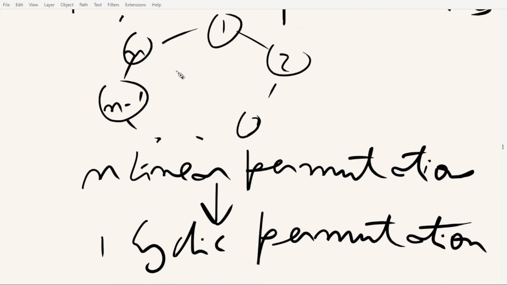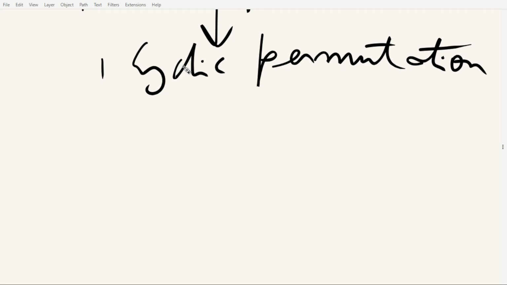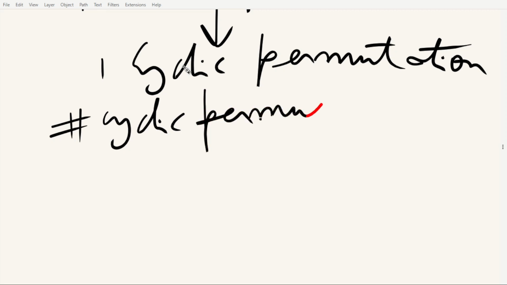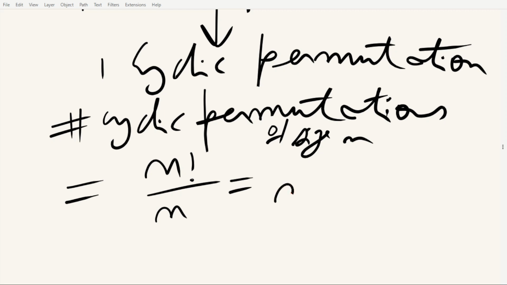So to compute the number of cyclic permutations, simply divide the number of linear permutations of size n by n. N factorial divided by n gives n minus 1 factorial.